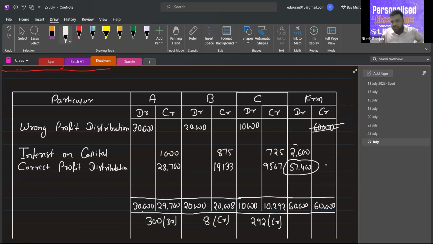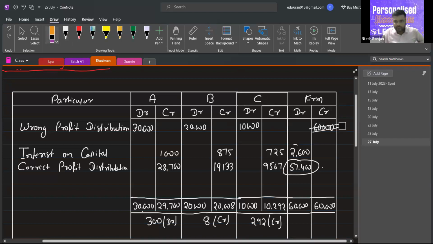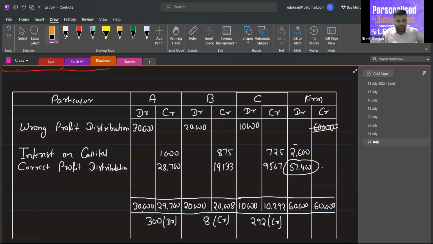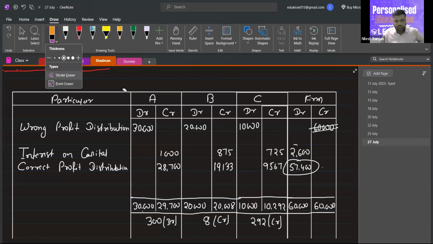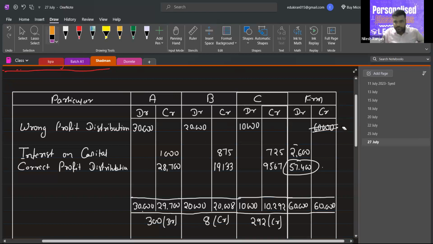So 2,600 will be written on the credit side, and that loss will be distributed between partners. So, sir, how did you get this 57,400? 60,000 minus 2,600. Okay, sir. Clear? Yes, sir.